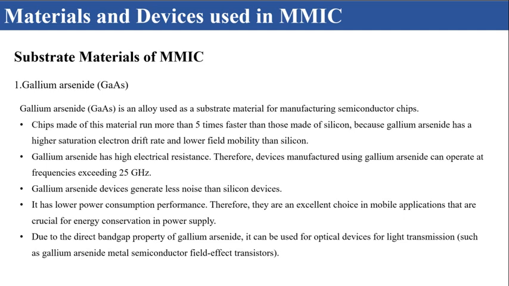At the same time, it has high resistance, and gallium arsenide devices generate less noise than silicon devices. In addition, it has lower power consumption. Finally, due to the direct bandgap property of gallium arsenide, it can be used for optical transmission in optical devices.